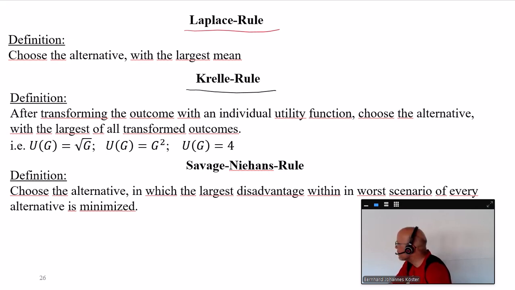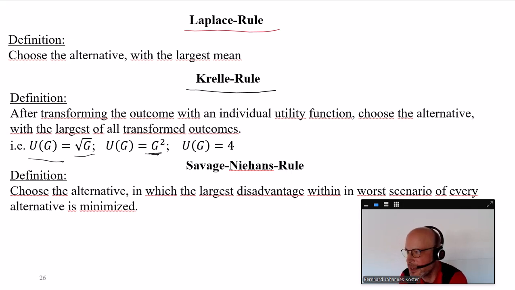And then we could introduce just a utility function depending on our decision variable, so our outcome G. And what is then the analytical difference between square root and taking the square?